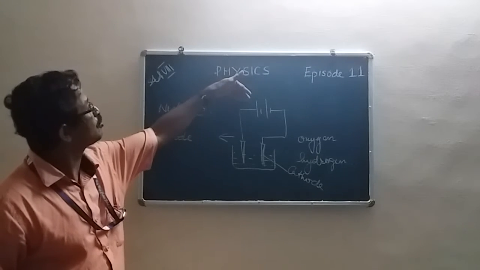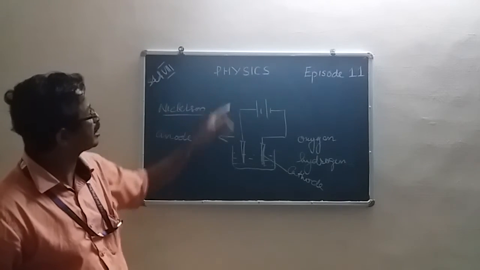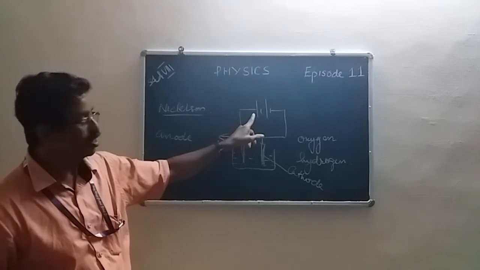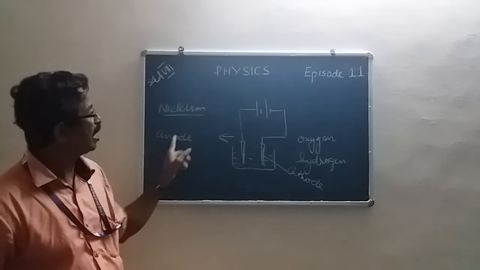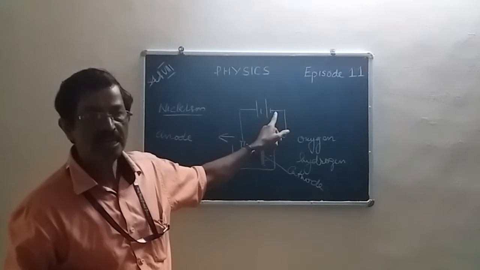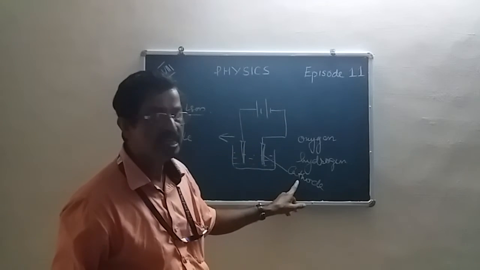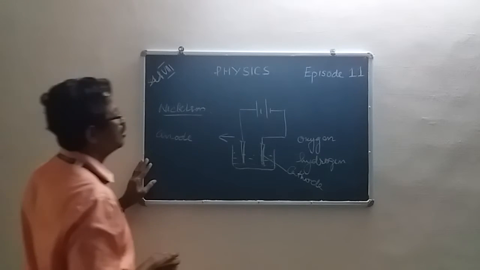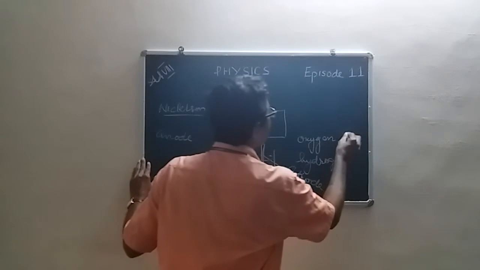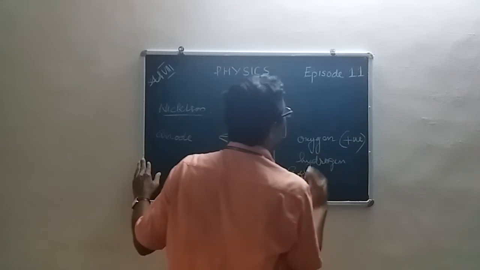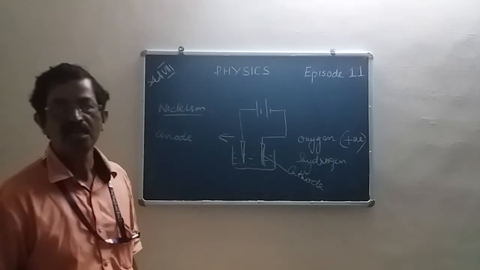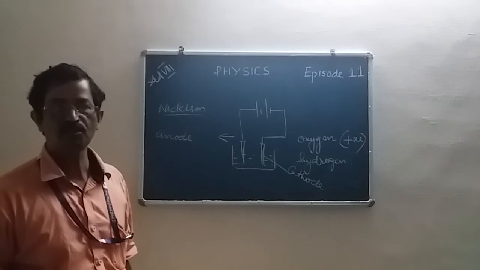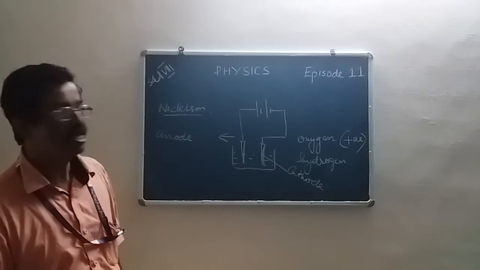Because the electrode which is connected to the positive of the battery is called the anode, and the electrode which is connected to the negative of the battery is called the cathode. Oxygen is always forming at the positive electrode here, and hydrogen at the negative electrode.